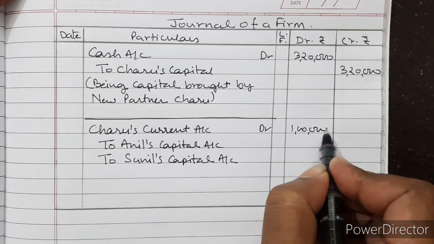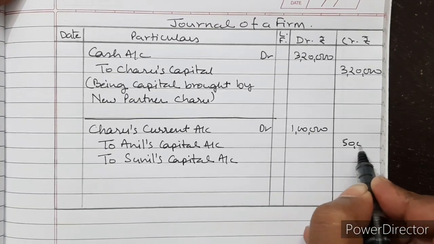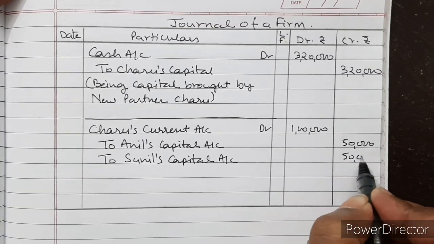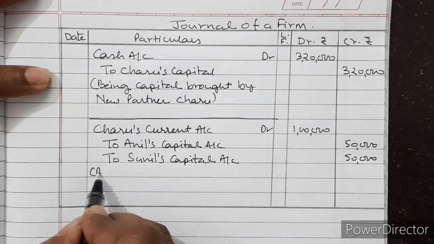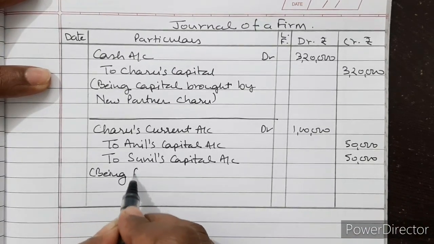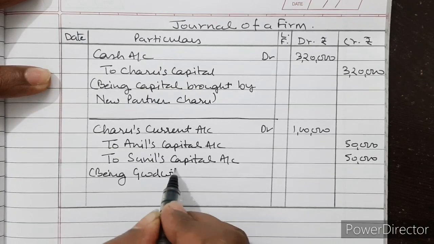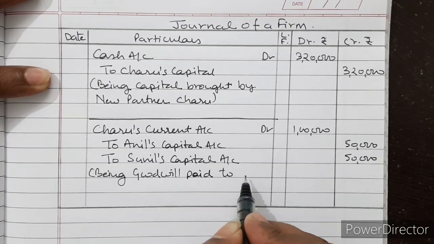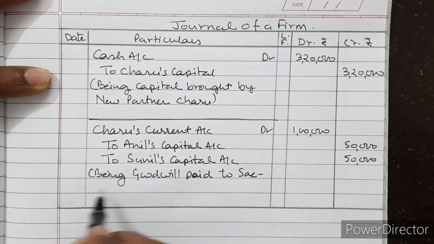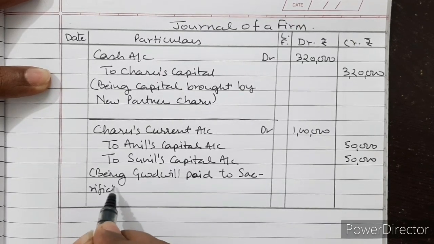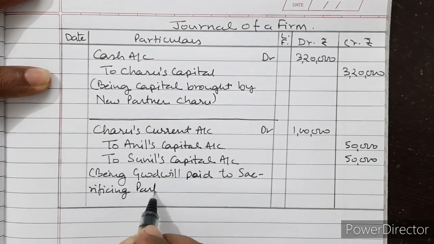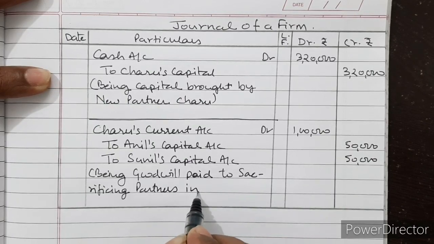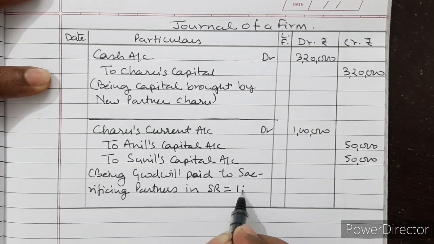Charu's share of goodwill is rupees 1 lakh and sacrificing ratio is 1:1. So half will be paid to them, being goodwill paid to sacrificing partners in sacrificing ratio, which is 1:1.